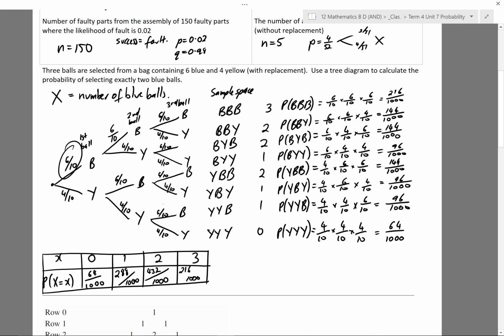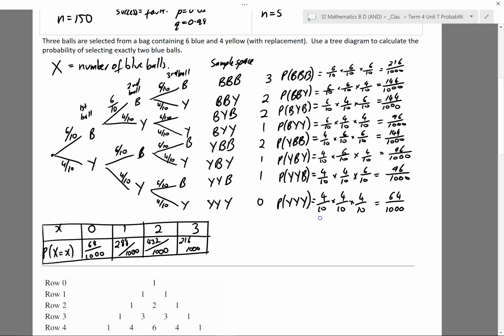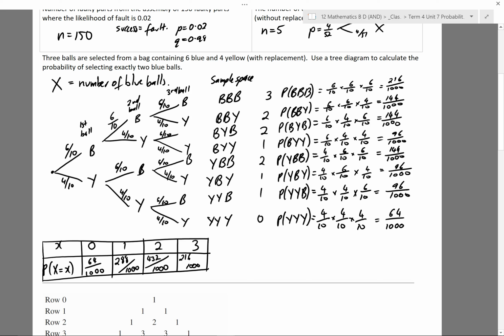We wanted to use the tree diagram to calculate the probability of selecting exactly 2 blue balls. So we did our tree diagram, identified how many different ways we get 2 blue balls, and then we added these 3 together to get 432 on 1000.